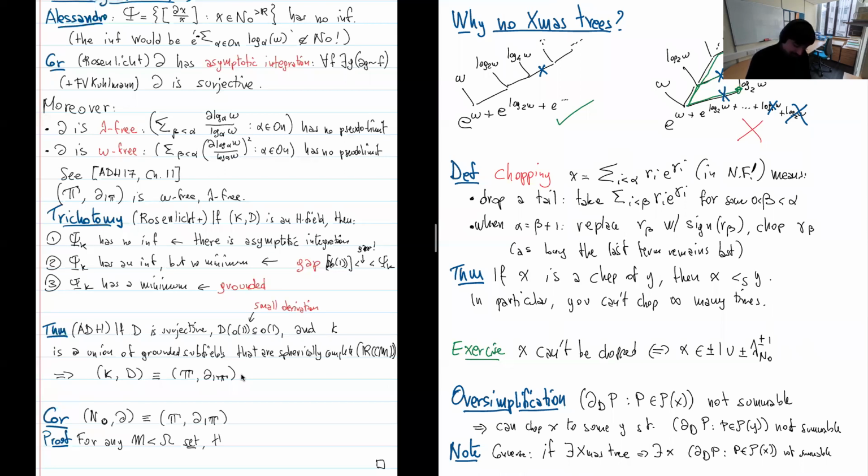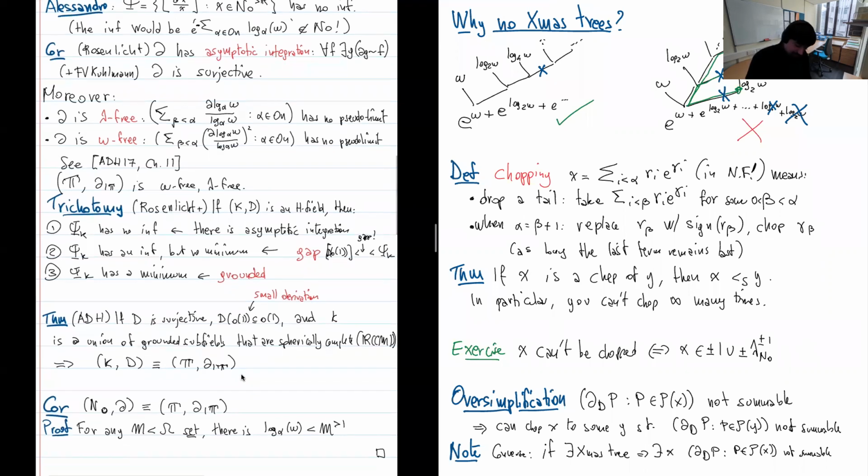Then I can find a monomial of the form, I mean, I can take log_alpha omega for alpha big enough such that this is so small that it is smaller than any infinite element of M. Okay, and now I use this.